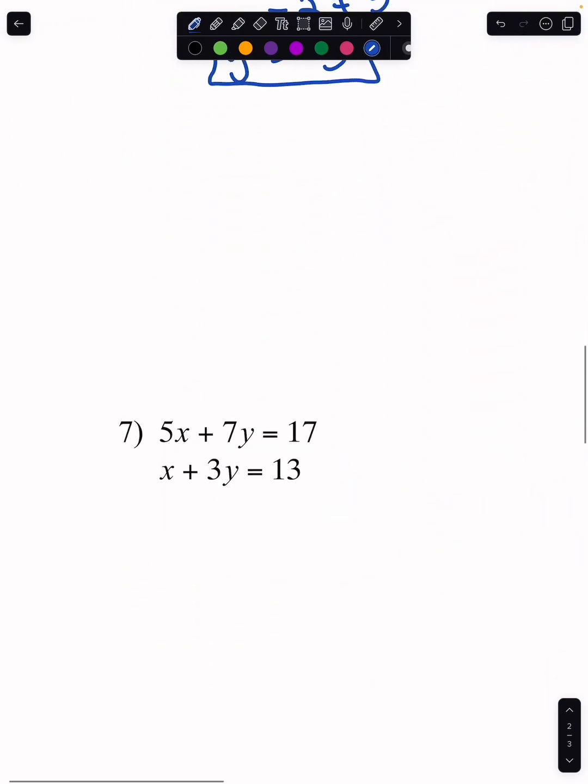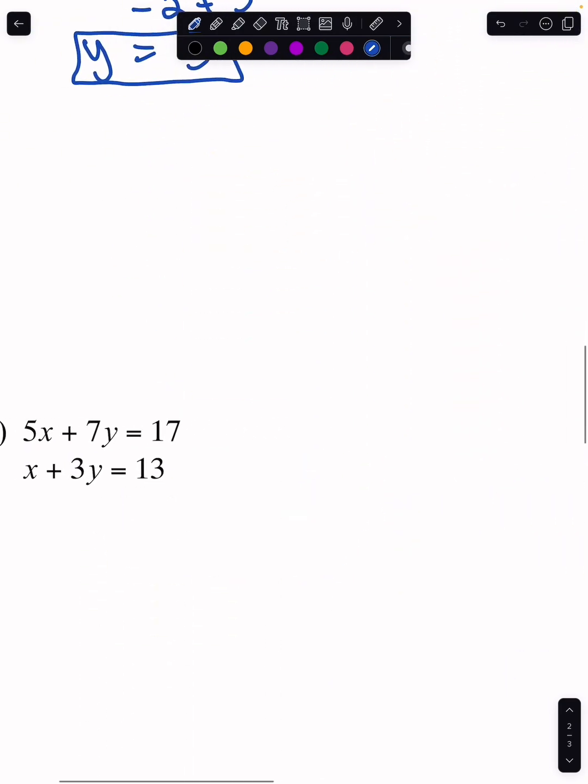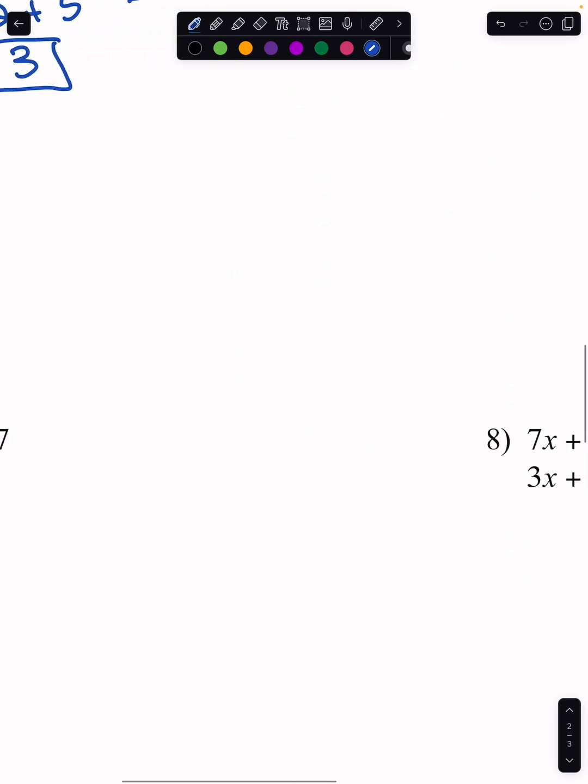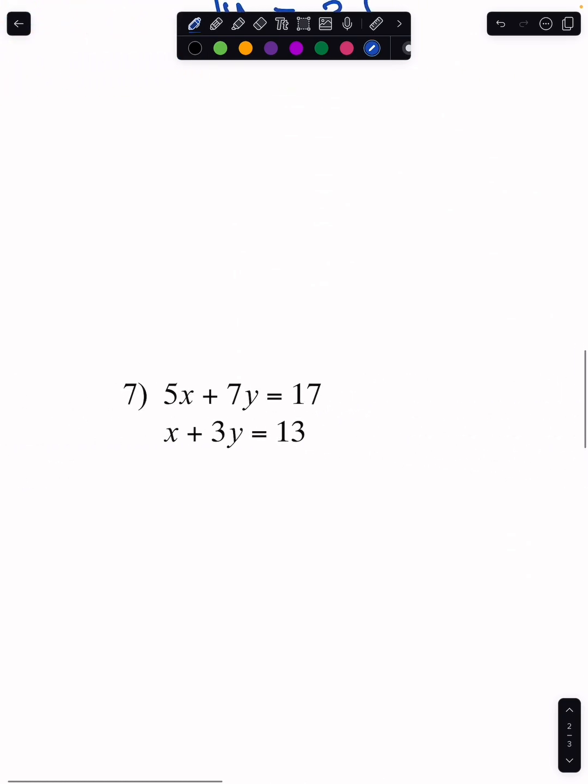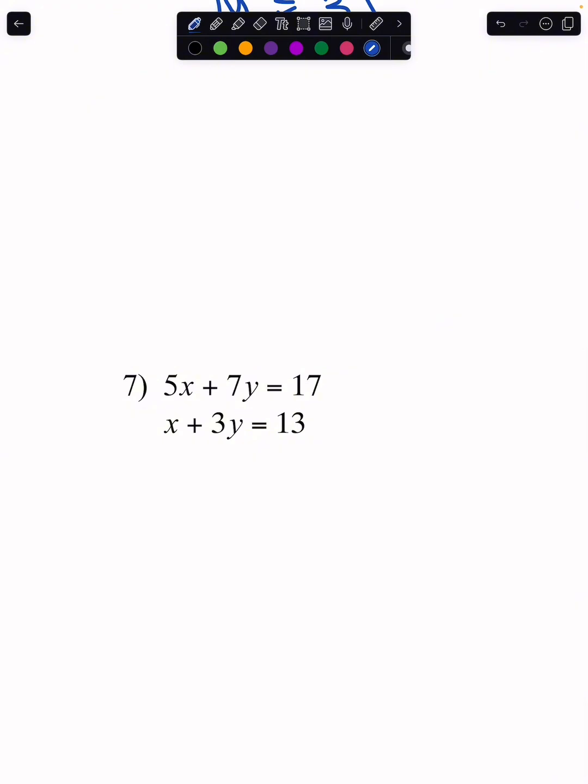Okay, let's do this. Ooh, this time we gotta get some stuff by itself first before we can even substitute it. Oh, and because this x is already by itself, that's the easiest. We got to get it to x equals something so we know what we're plugging in where, right?